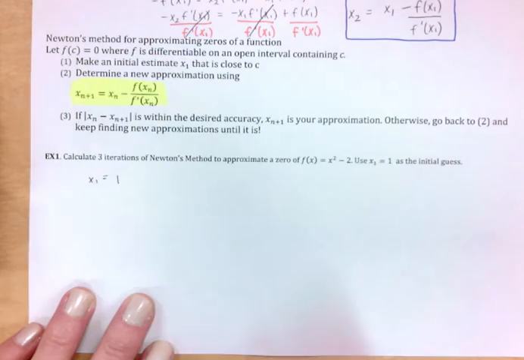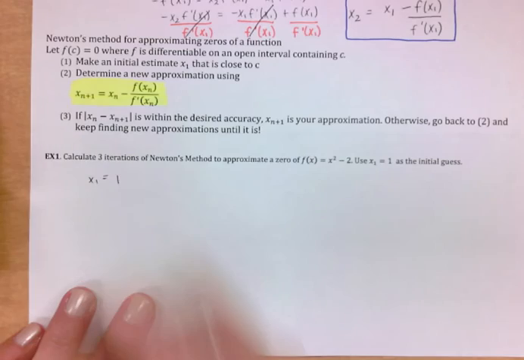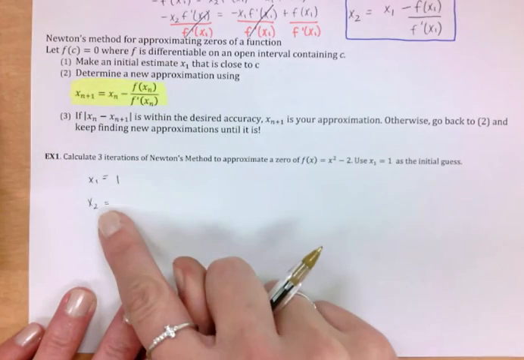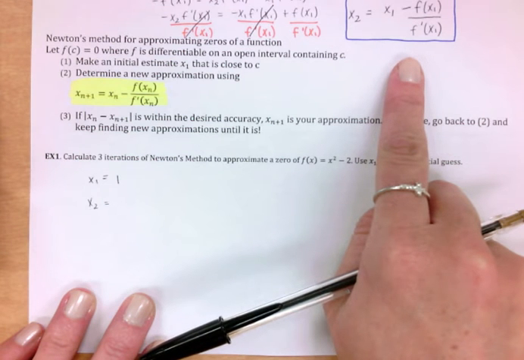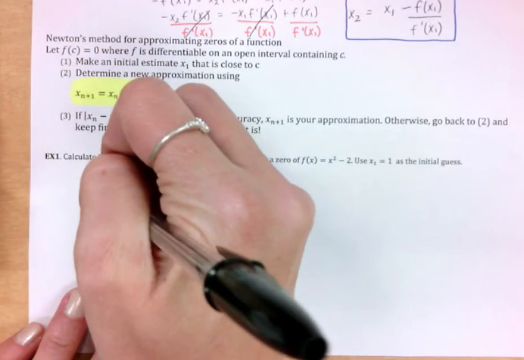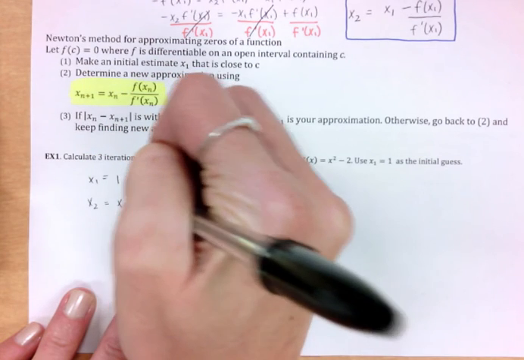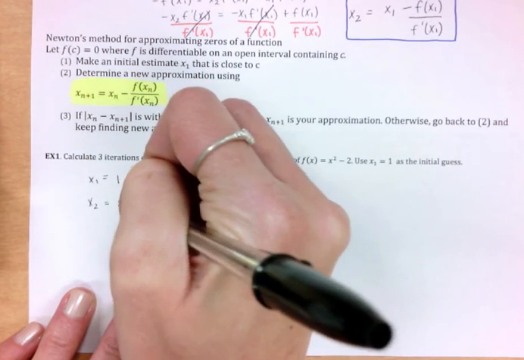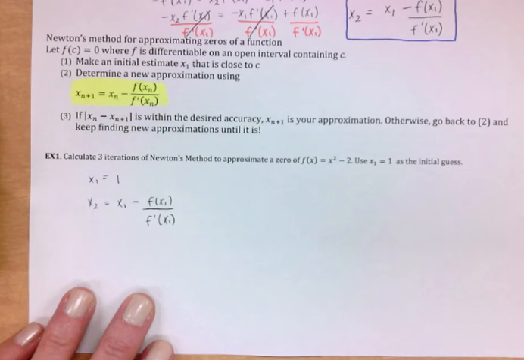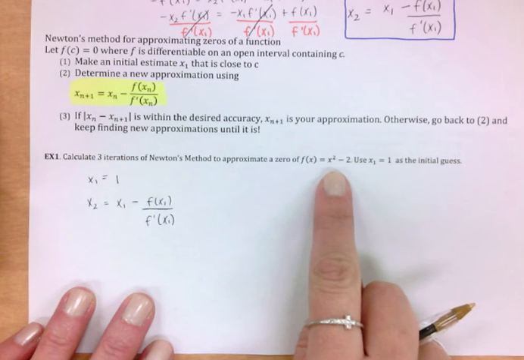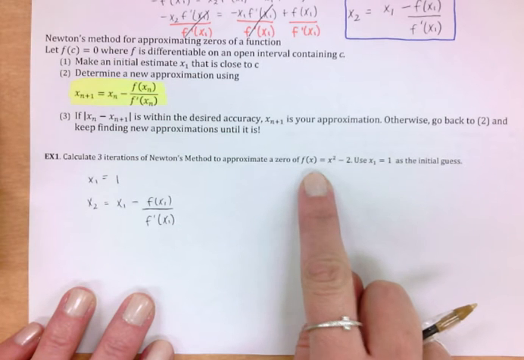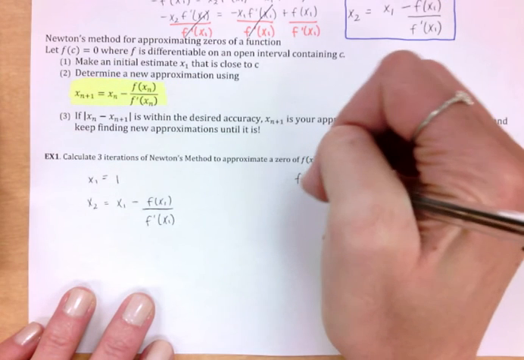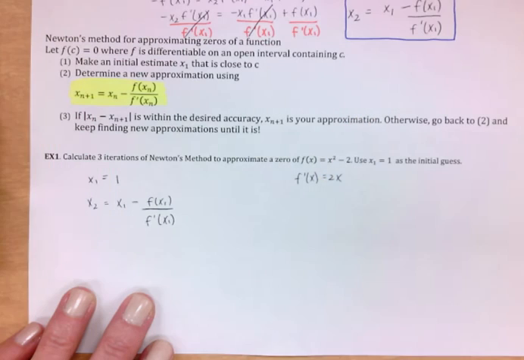So x1 is 1. Then to find x2, we know from Newton's method that x2 is going to be your x1 minus your function value at x1 over your derivative value at x1. Since we were given that f is x squared minus 2, our f prime is 2x. So we just plug that in.